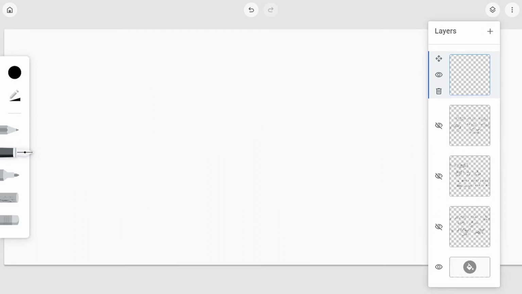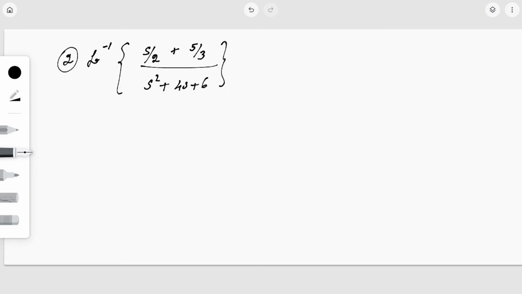Now let's look into another one, that is the inverse of s by 2 plus 5 by 3 whole divided by s square plus 4s plus 6.